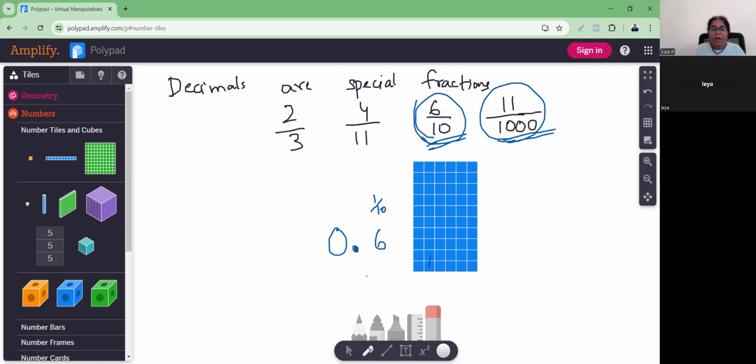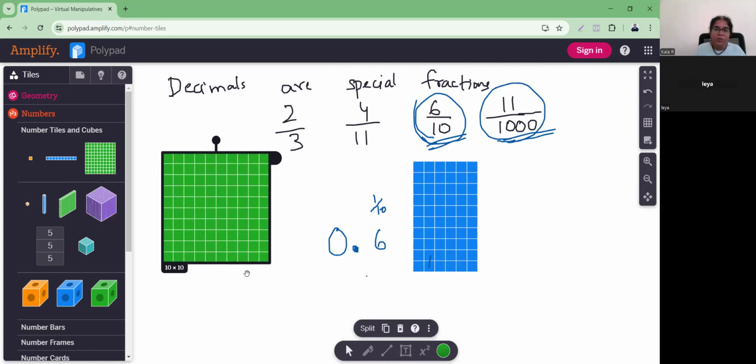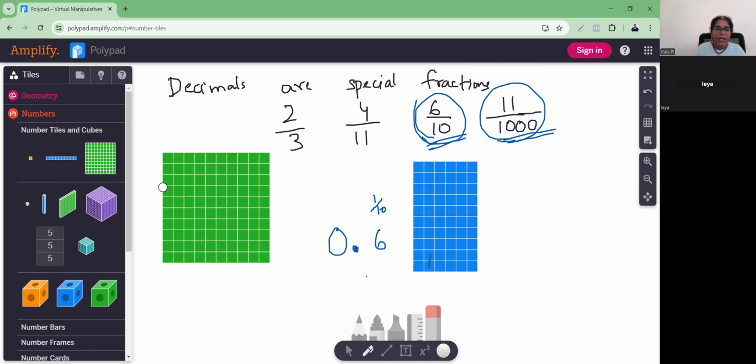So, okay, now coming to 11 over 1,000. How do we show that? Now this was a 1. We cut this entire thing into 10 parts, so we got this as a 1/10. Then in this part, we cut into 10 pieces.